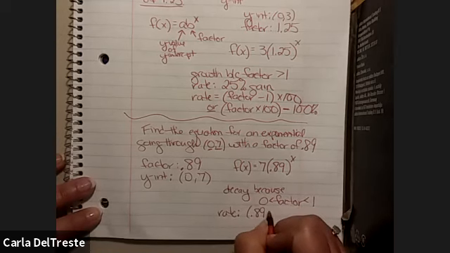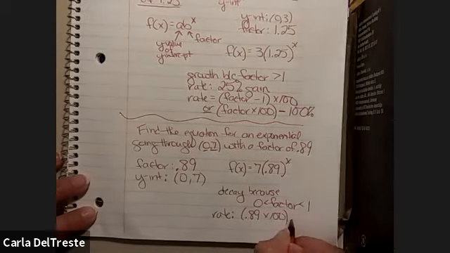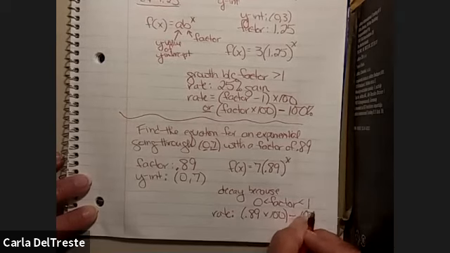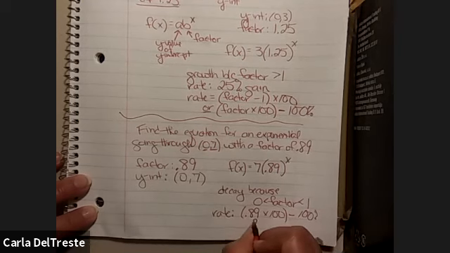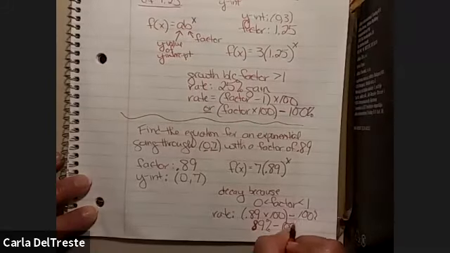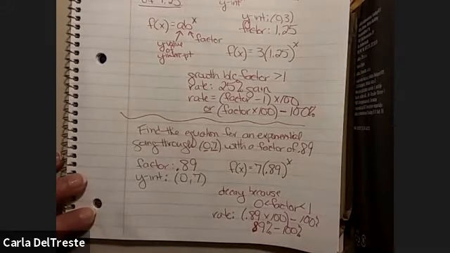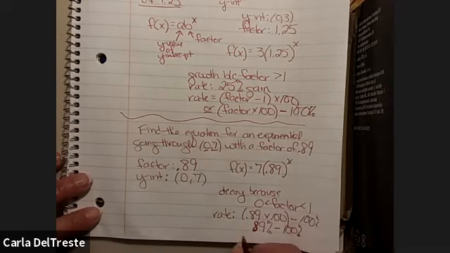So this is going to be 0.89, I'll show the work, times 100. We want to convert that to a percent, and then take away the original 100%. So this is going to move the decimal over 2 places, and it's going to be 89%. Take away 100%. And you can see that that's going to result in a negative, which makes sense.